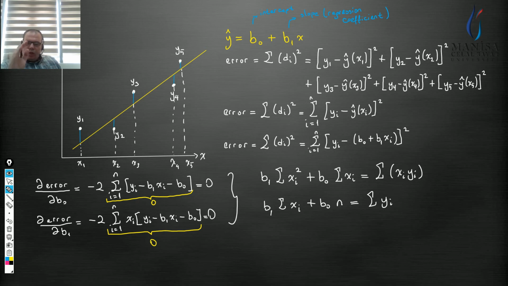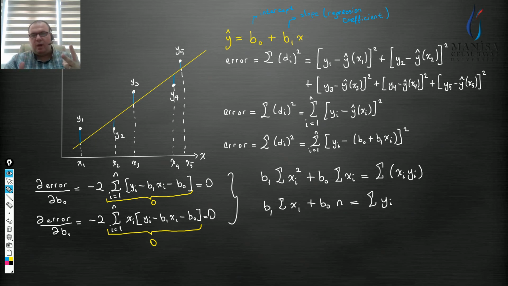We have these two equations, and we have two different variables. So if we have two variables and two equations, we can easily solve this equation system. If we have these 5 points, we can easily solve this equation system.